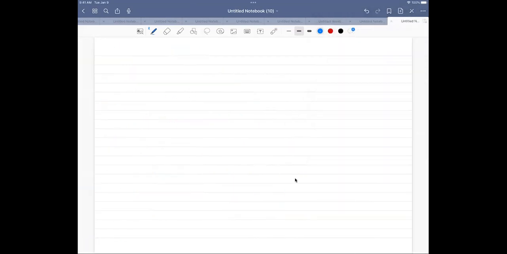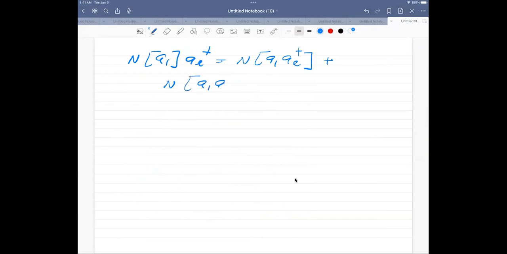So if I put that, then I have the following. I have an A1, and then I have an AL dagger. And we know we can rewrite that one as the normal ordered product of A1, AL dagger, plus the contraction of A1, AL dagger.